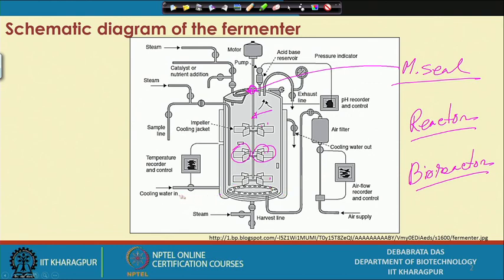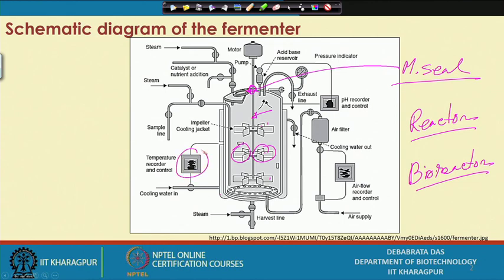You have to maintain the temperature, and for that you can pass hot water or cold water. Since you are using the stirrer, if you move it at high velocity, then we can assume the heat transfer will be very good, and the temperature can be maintained.